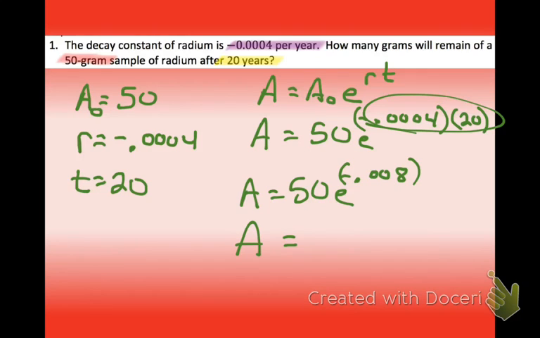And when you put those in to get that decimal, you end up with 49.6 grams. So that means that in 20 years, it would go from 50 grams, and it would only go down to 49.6 grams. So after 20 years, only 0.4 of it has decayed, has gone away.